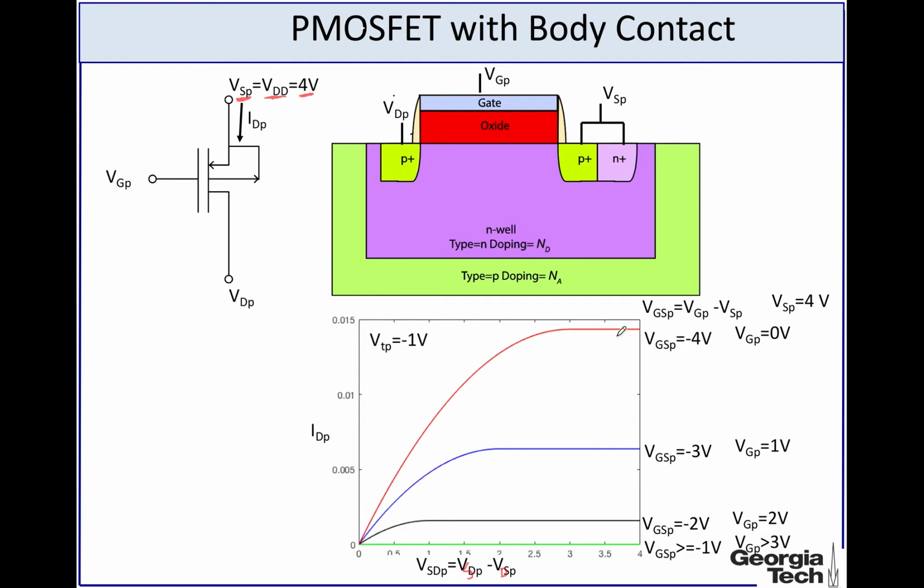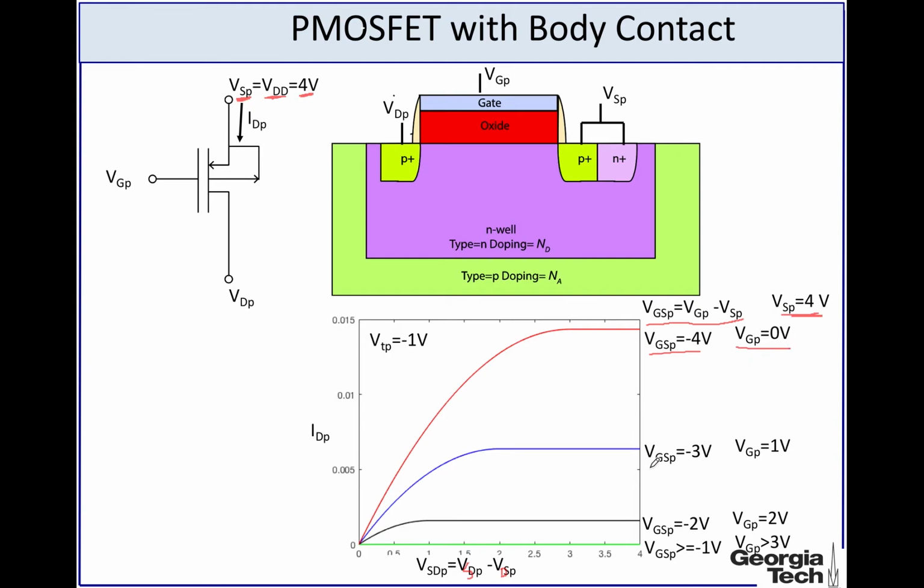VGSP is equal to VGP minus VSP, and VSP equals 4 volts. So for each value of VGSP, we can calculate the value of VGP. If VSP is 4 volts and VGSP is minus 4 volts, we get VGP equals 0 volts.